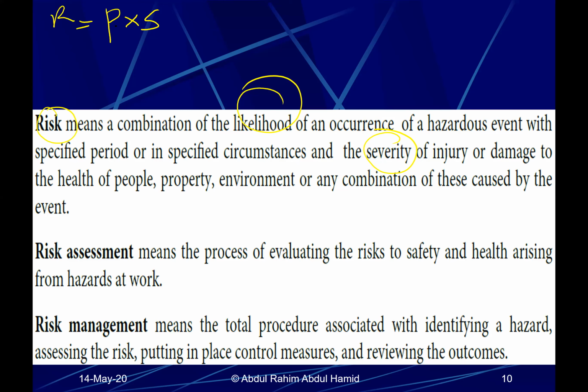Let's say we attach the figures 5, 4, 3, 2, 1. This is a normal Likert scale. So 5 means most likely, and 1 is least likely, and in between there is an increase of likelihood.